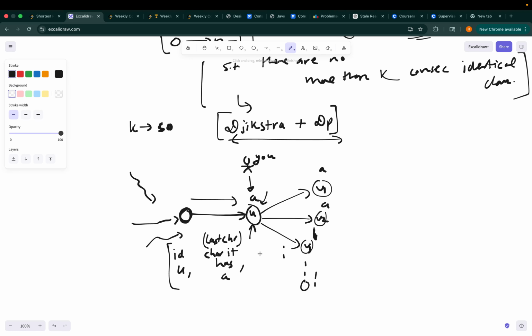And what else do we need? We need how many times you saw that last character, so frequency. Let's say you have seen A once here, for example.